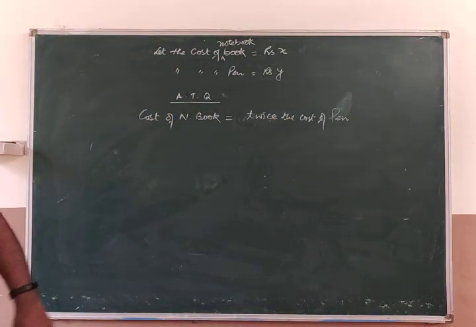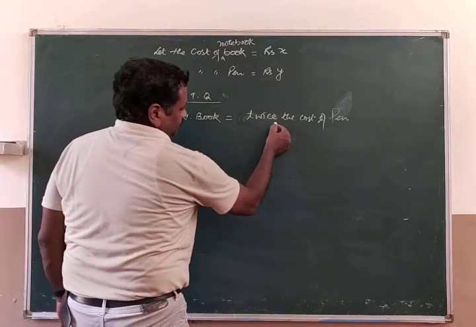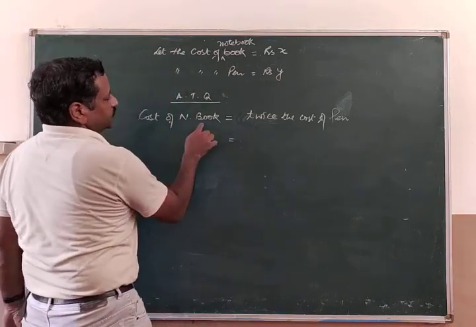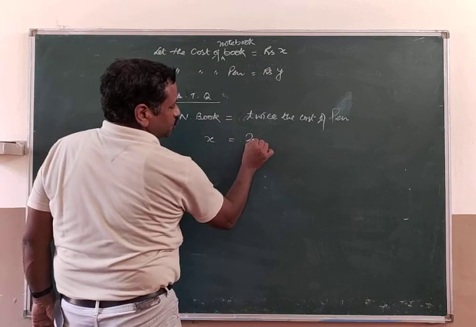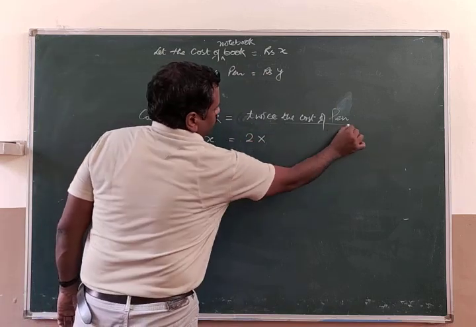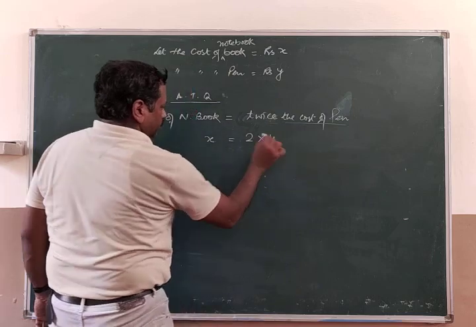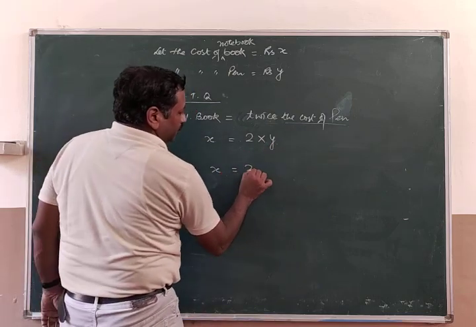Twice means 2 multiplied. So the cost of notebook is x, twice means 2 multiply, the cost of pen is y. So x equal to 2y.